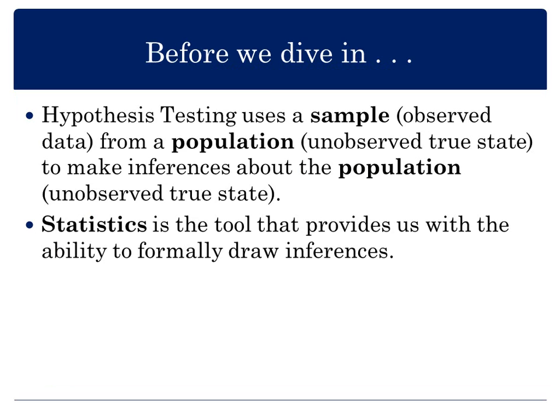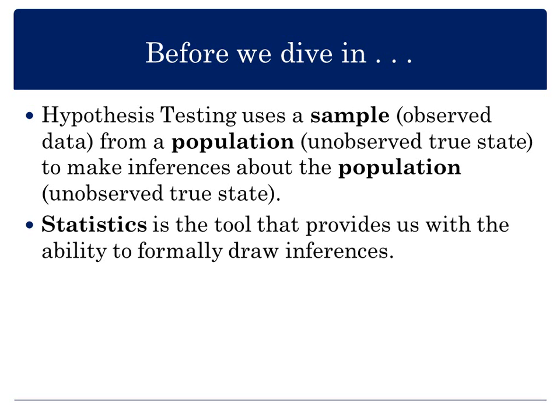So before we dive into hypothesis testing, let's talk about some stuff. Here's where we're going to try to understand what we're doing before we go and do it. Hypothesis testing uses a sample, observed data, from a population of interest where the population is not observable because it's maybe too big, for instance, to make inferences about the population.